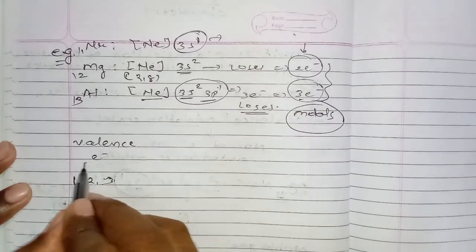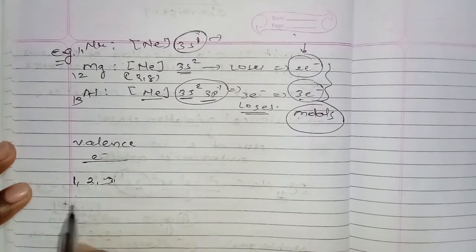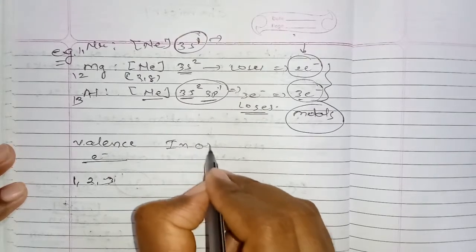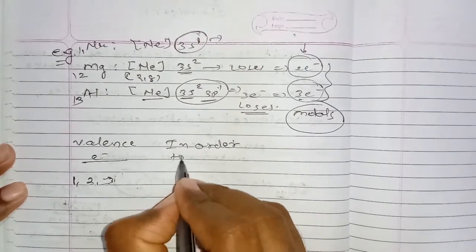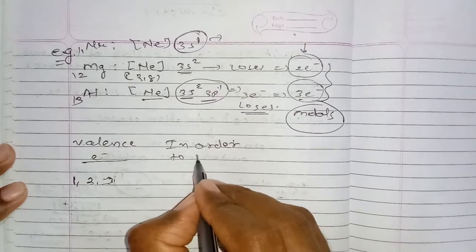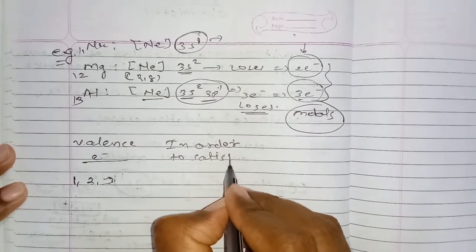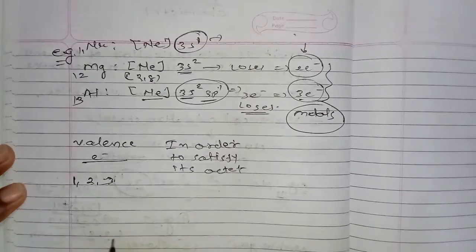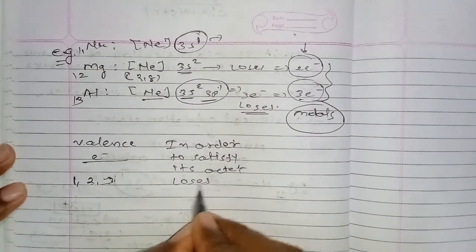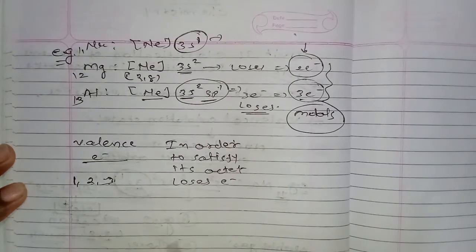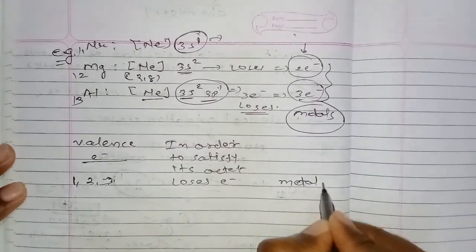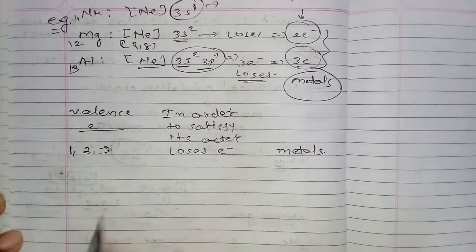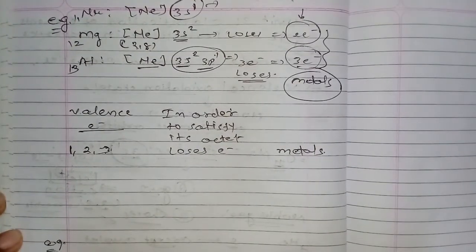If the valence electron is 1, 2 or 3, in order to satisfy its octet, it loses electrons, and they are metals.